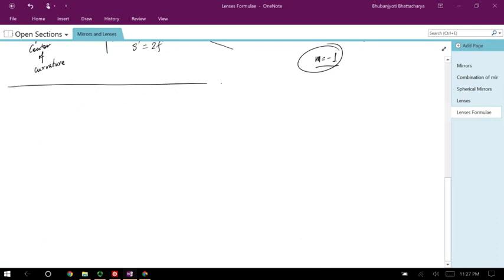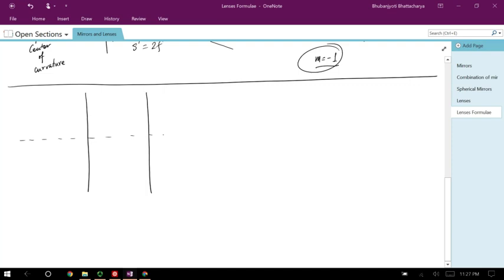I don't want to do it with ray diagrams because the ray diagrams have already been drawn in that picture. We'll just do it with the focal length formula. So this is my principal axis, and these two lenses have been separated by 15 centimeters, so D is equal to 15 centimeters. The original object is placed at a distance of 15 centimeters from the first lens, so S1 is equal to 15 centimeters, and F1 is equal to 10 centimeters.